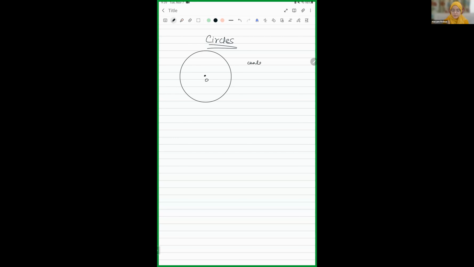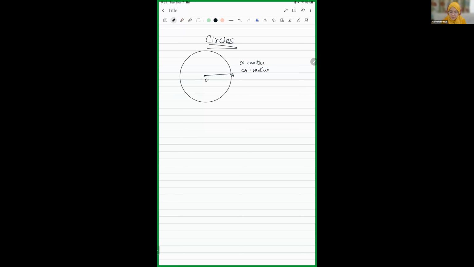Yes, the center of the circle. And what is this called? Radius. Very good. So if I say this point is A, then O is the center, OA is the radius.